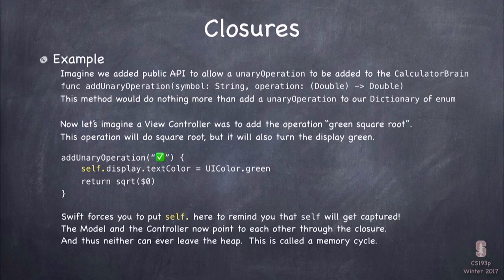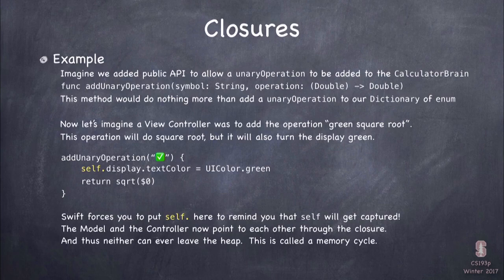In case something points to this closure, which our view controller does, because our view controller has the calculator brain, which has the operations table, which has this closure in it. You see? So I'm pointing to that indirectly from my view controller, and it's pointing back at me, self dot. It's going to capture self. Self is a pointer to myself, my own view controller.